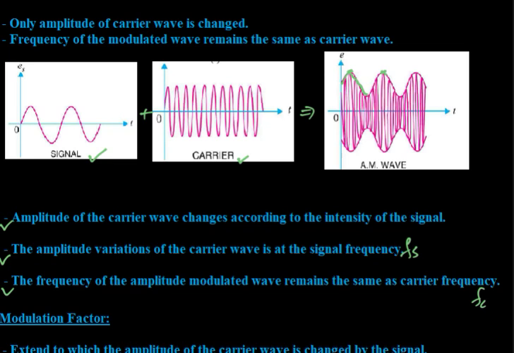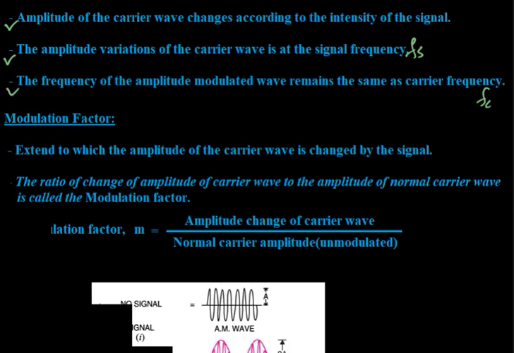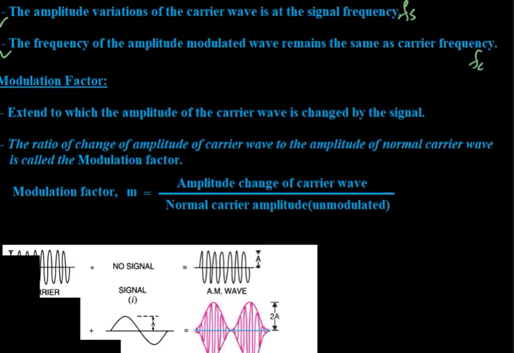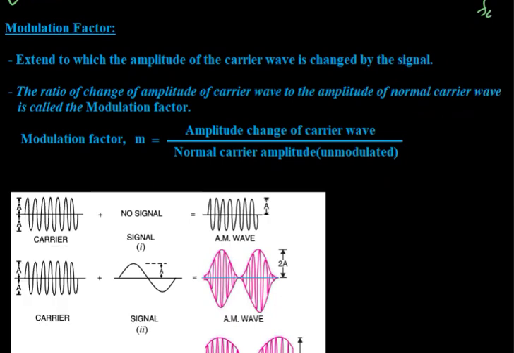Now an important consideration in amplitude modulation is to describe the depth of modulation. That means the extent to which the amplitude of carrier wave is changed by the signal.